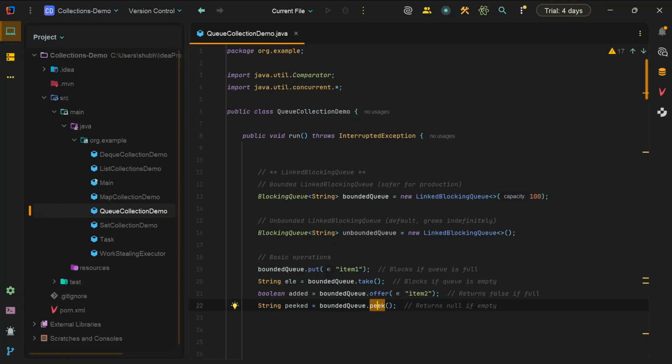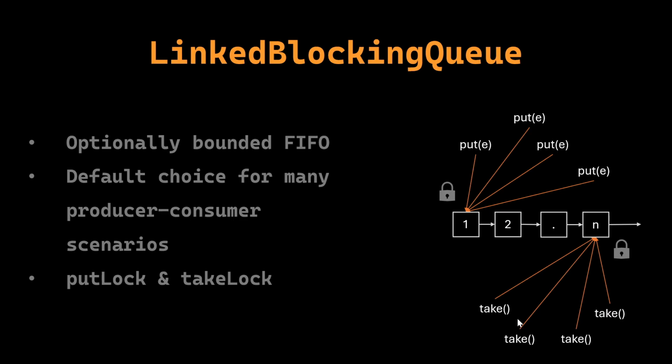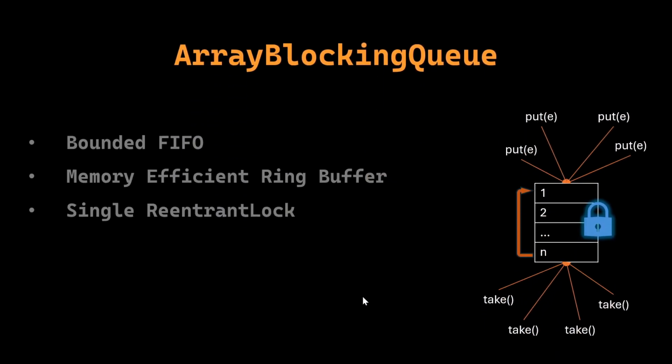Now let's look at a more memory efficient alternative, ArrayBlockingQueue. It is a bounded first in first out blocking queue backed by a fixed size array.